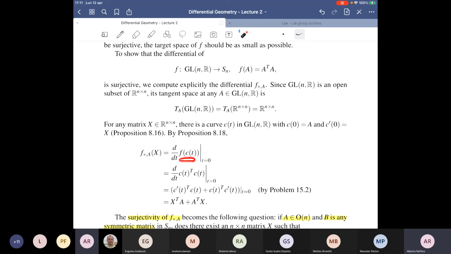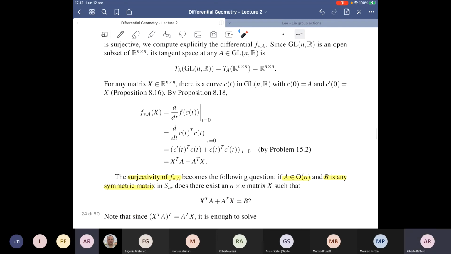But what is this function? This function is just the transpose of the matrix times the matrix. So it will be the transpose of C of t times C of t. You derive it using the product rule. There will be a problem at the end of this section, but it is just a computation in coordinates if you want. So you have the derivative of the first times the second, plus the first one times the derivative of the second.